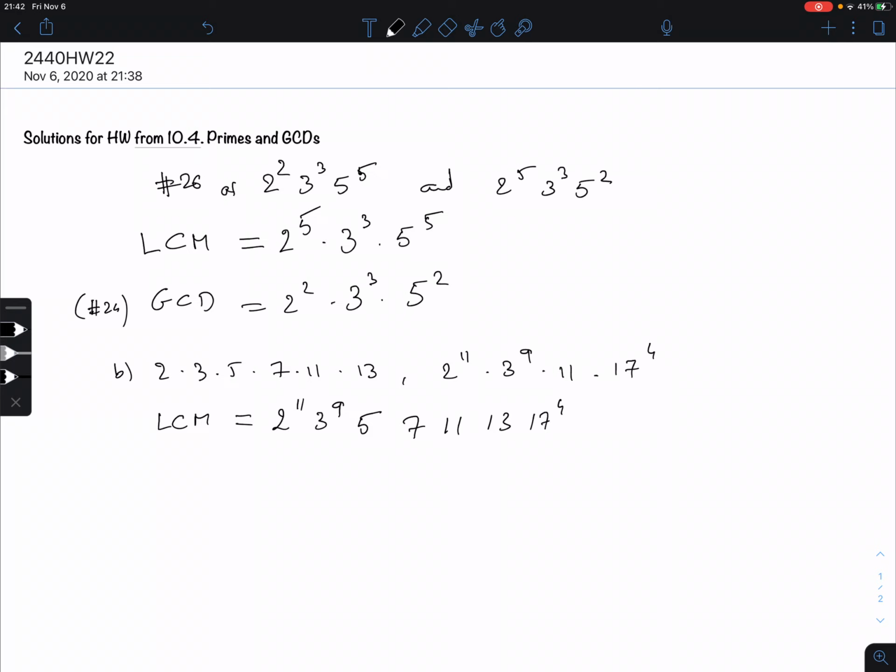I want to perhaps do E, that might have thrown you off a little bit, 0 and 5. I just want to solve it because you otherwise might get confused by it. Any number divides 0, so what is the greatest common divisor between 0 and 5?